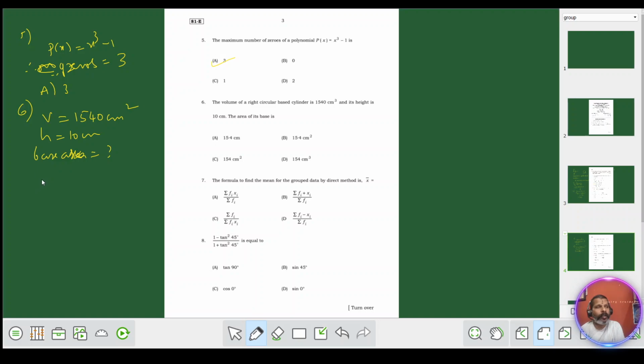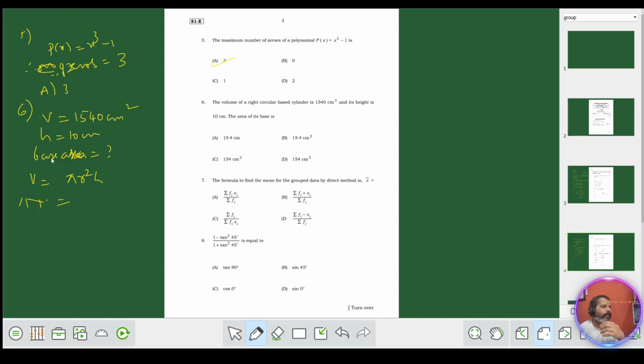So if you know the formula, that's why I always say they are tricky questions. Volume of the cylinder is pi r square h. Volume is given as 1540. What is the base area? Don't panic. Base area is nothing but pi r square.